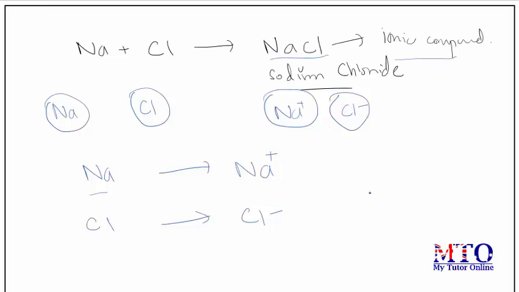So what is the process? Sodium has lost an electron to form the sodium ion, and chlorine must have gained an electron to form the chloride ion. We can write it separately: sodium loses an electron to form the sodium ion. Similarly, chlorine gains an electron to form the chloride ion.